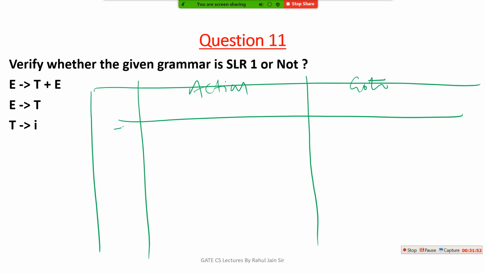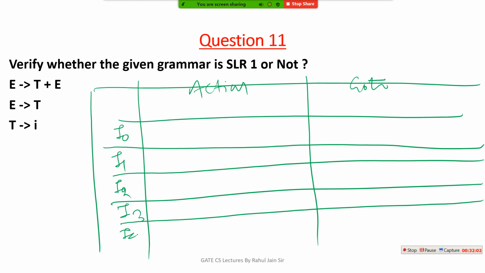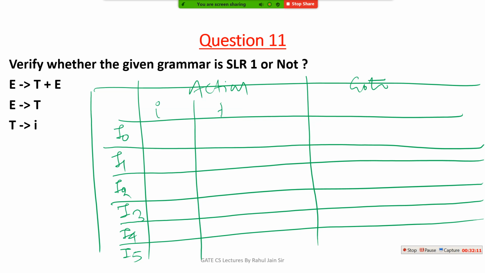In action I have I0, I1, I2, I3, I4, I5. How many terminals do I have? I have i, addition operator, and dollar. How many non-terminals do I have? E and T. Okay, this is my parsing table.